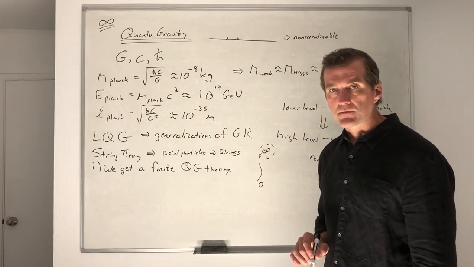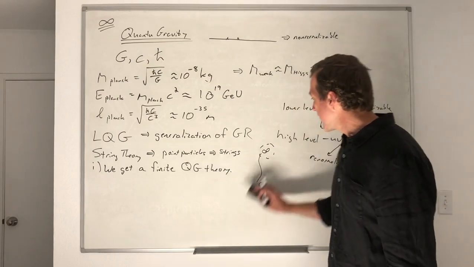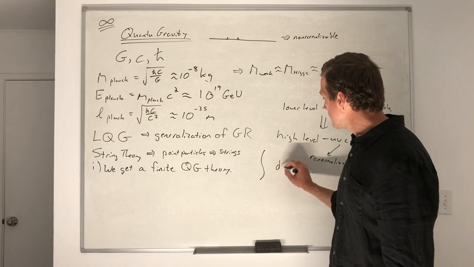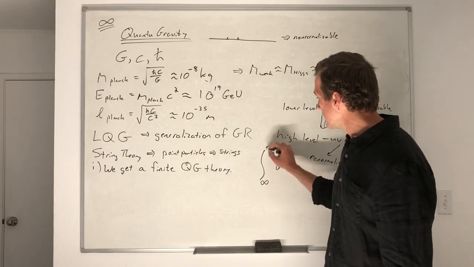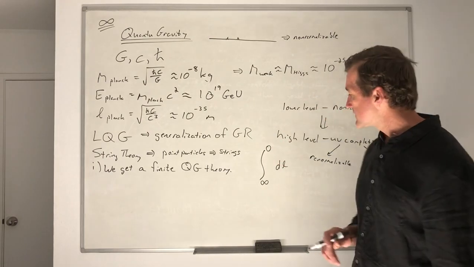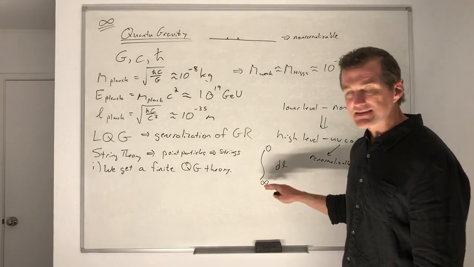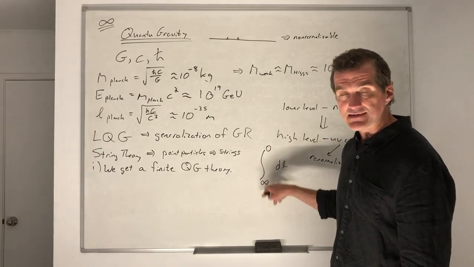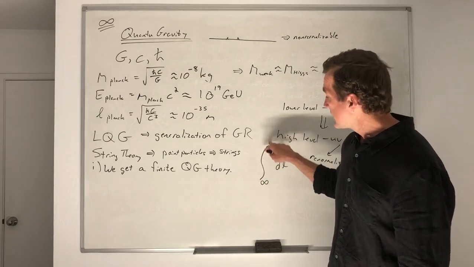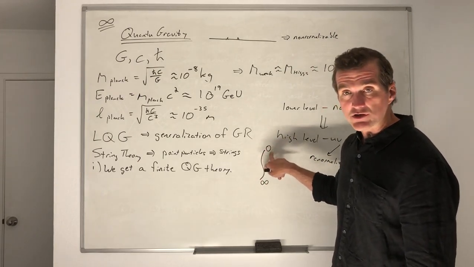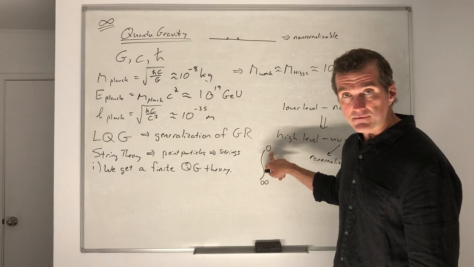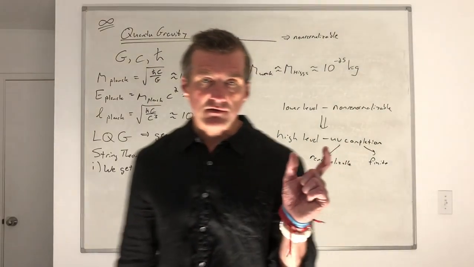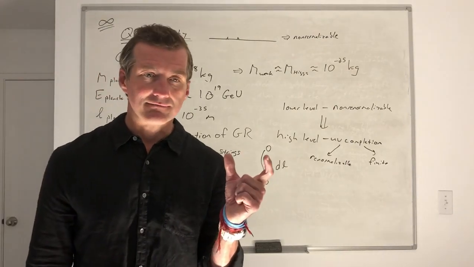Or if you were integrating length scales, then the analogous limits would be something like that, where this is the low energy to high energy, but this is the large length scale to the small length scale. And this is where you would encounter your divergences if you're integrating length scale. However, string theory has a fundamental length scale that's non-zero.